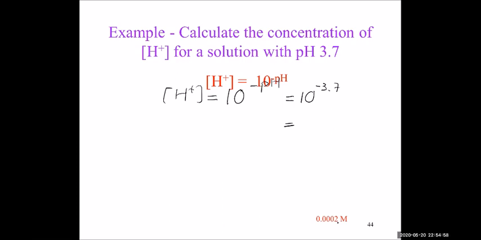So enter negative 3.7, and then use 10 to the x power, which is the second function on my calculator. What my calculator gets is 0.00019995, and then there are more digits, but keep only about 2 sig figs. This part can be more flexible.